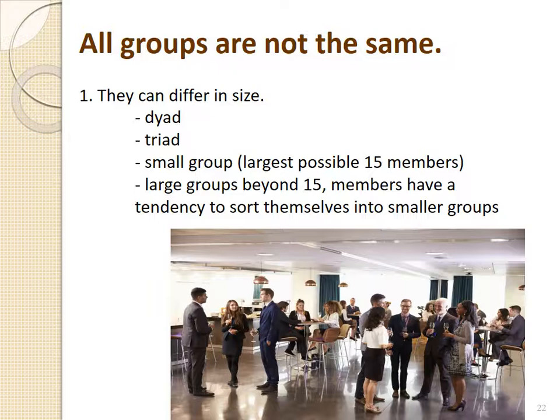They can also differ in size. They could be just 2 people. It could be 3 people, which would be a triad. Small groups, and in defining, the book says a small group is 15 members or less.